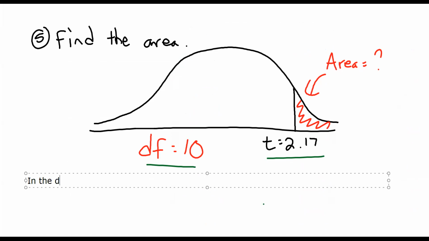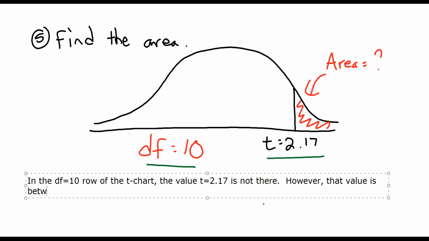In the df equals 10 row of the t-chart, the value t equals 2.17 is not there. However, that value is between t equals something, which we'll look up, and t equals something else.